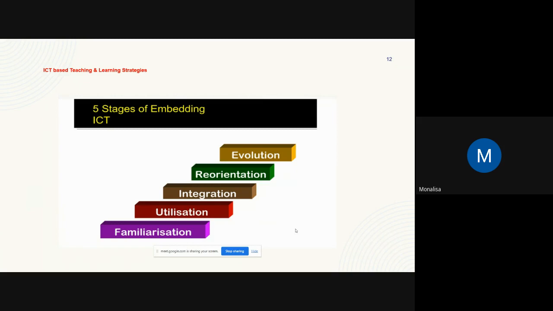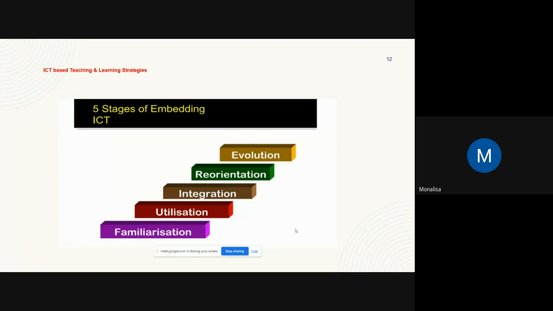Coming to integration, a teacher is becoming increasingly familiar with the appropriate use of ICT and can integrate it into many aspects of the ongoing teaching process and methodologies.